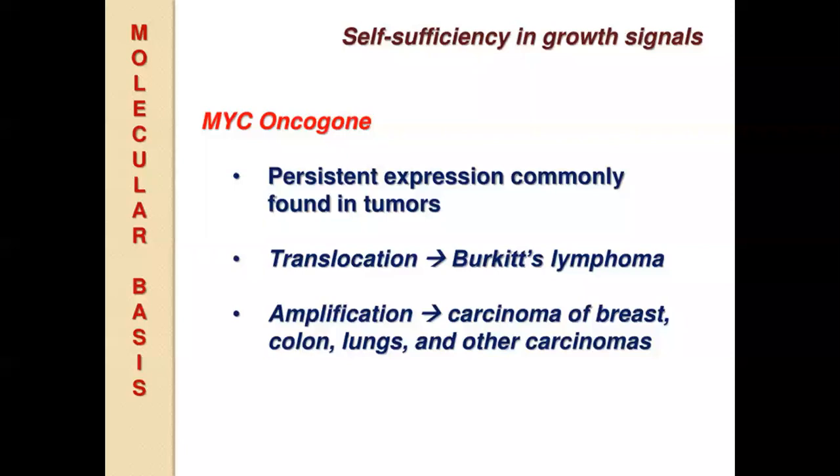In Burkitt lymphoma, there is a mutation due to the translocation of chromosome 8 and 14, while in lung, breast, and colon, the MYC gene is mutated due to amplification.